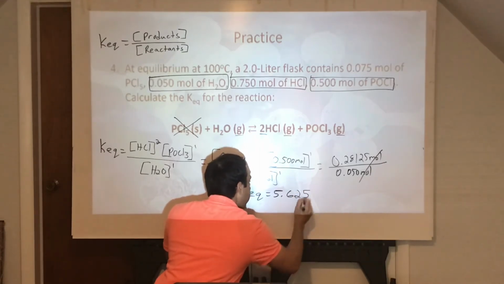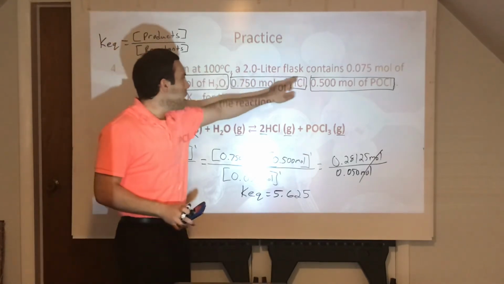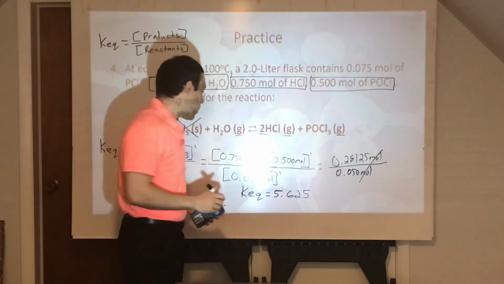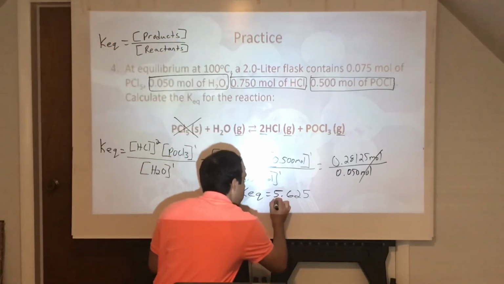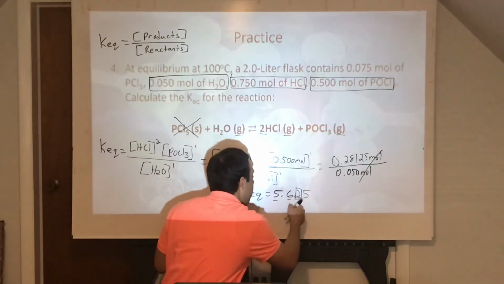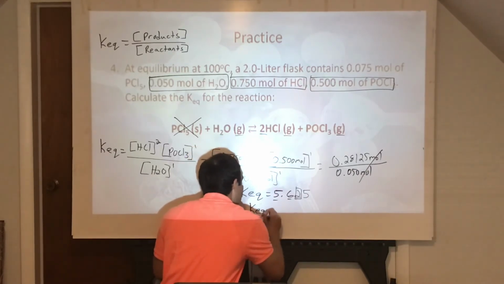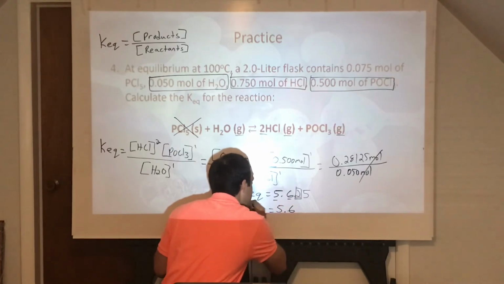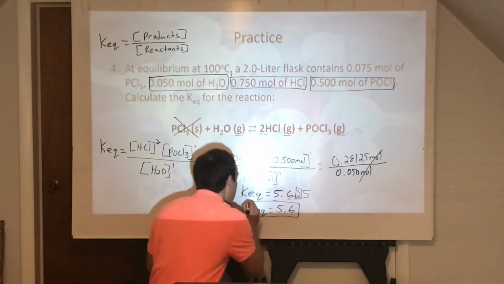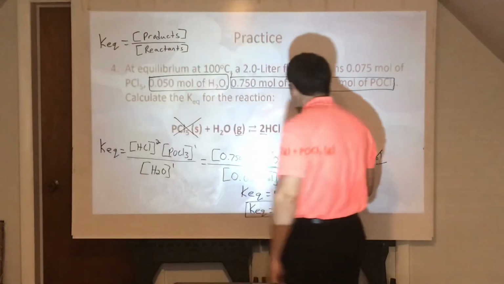5.625. If I were to round to significant figures, I see 2, 3, 3. So my final answer will have 2 significant figures, the least amount of significant figures. So my final answer, since 2 is less than 5, I round down. My KEQ is going to be 5.6. We have to decide what is favored in this reaction, the reactants or the products.